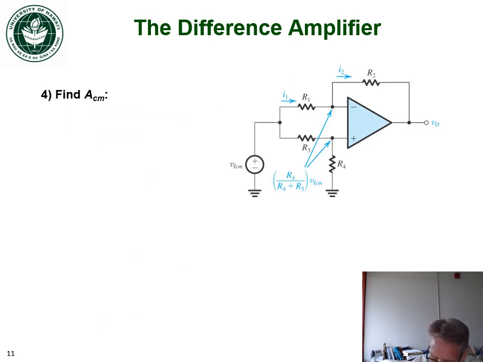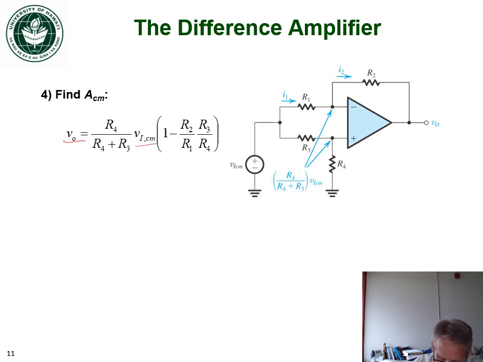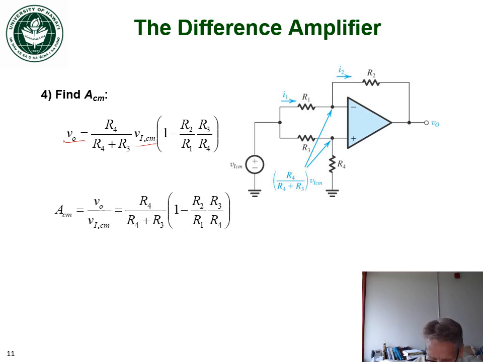So the common mode gain then, we just found out V out as a function of V input common mode. So the common mode gain is just dividing, moving the input common mode over, and we get this equation right here for the common mode.